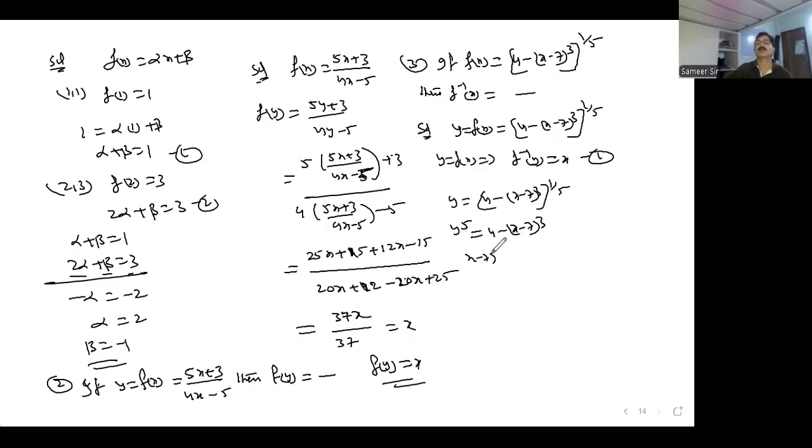So (x minus 7) whole cube is 4 minus y to the power of 5. x is equal to 7 plus cube root of 4 minus y to the power of 5. So your answer, directly I'll write, f inverse x is 7 plus cube root of 4 minus x to the power of 5.